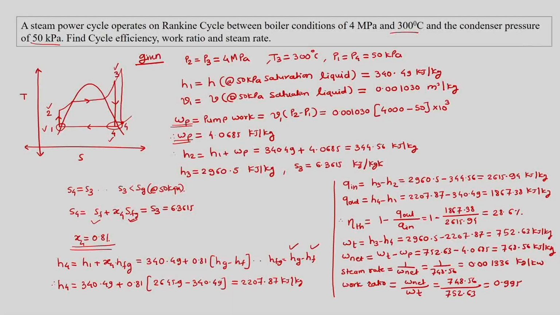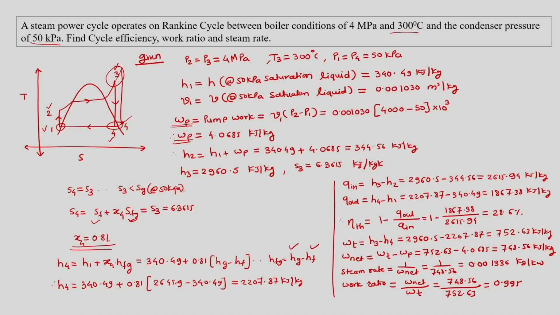Here we also have to remember one more point. Suppose in the present case we need to find the condition at 3 from the steam table, and 300 degrees Celsius superheat temperature is not available corresponding to 4 megapascal, but we have 350 and 250 temperatures given.